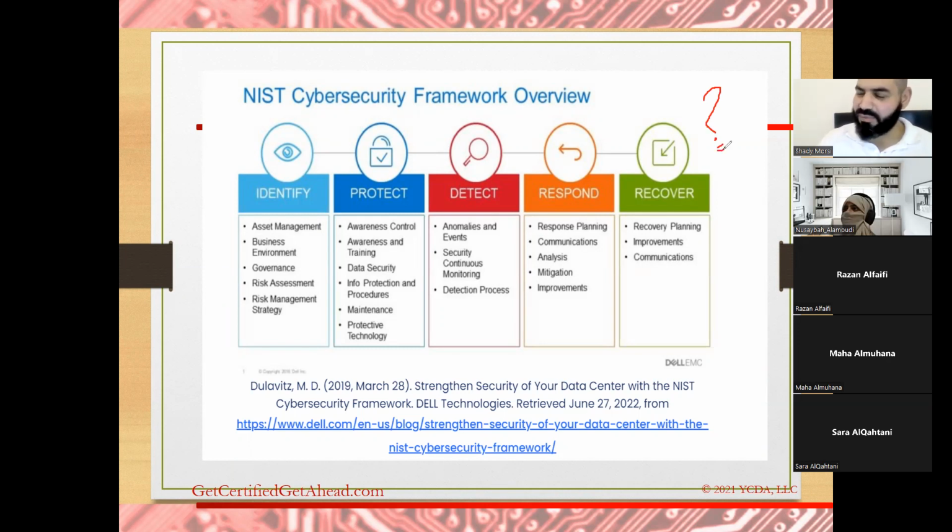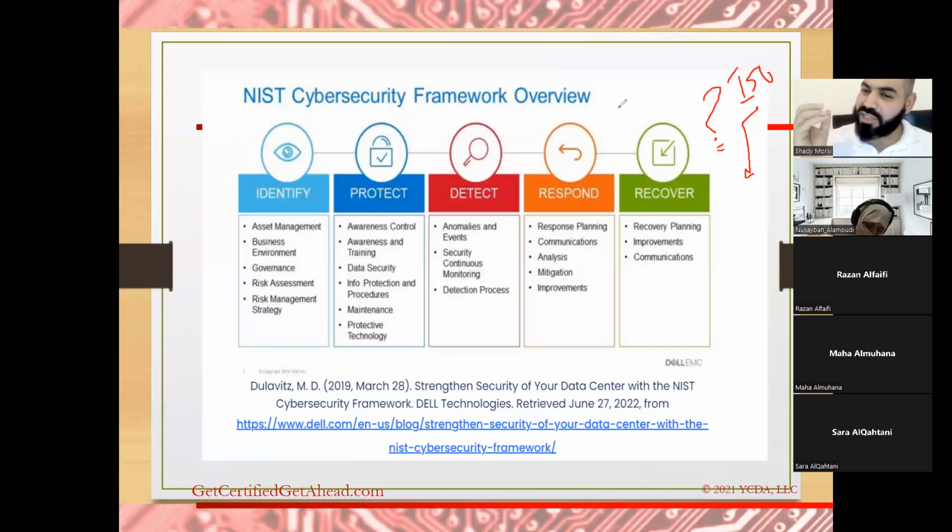Okay, it's a very good question from Maha, and thank you for bringing this up. ISO, guys, is another standard, and they have a series of families called ISO 27000. So ISO 27,000 that Maha is talking about is also another standard to give you recommendations on how to protect your network. And if you follow any of the standards, whether NIST or ISO, you will be protected.